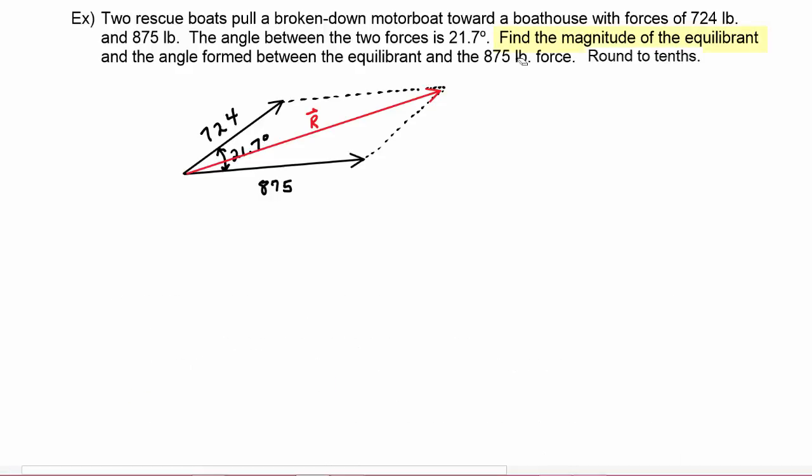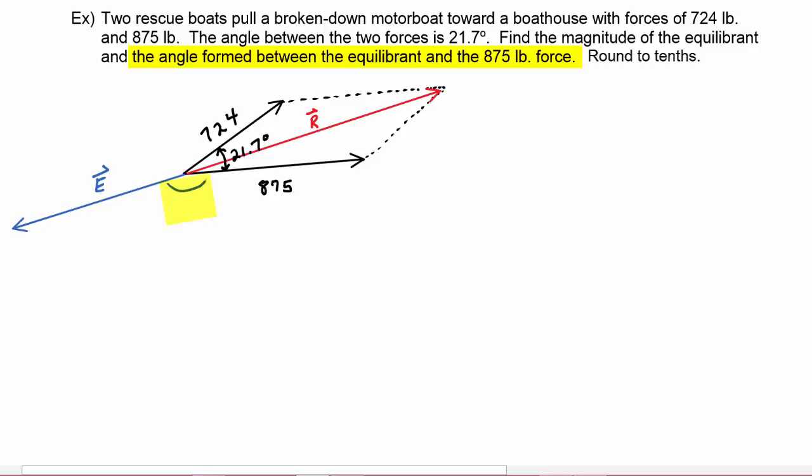We have to find the magnitude of the equilibrant, which we know will be the opposite vector of this resultant. And we also have to find the angle between the equilibrant and the 875-pound force.